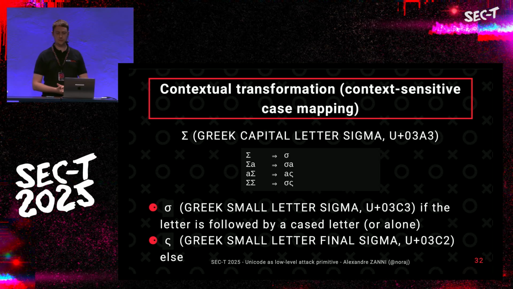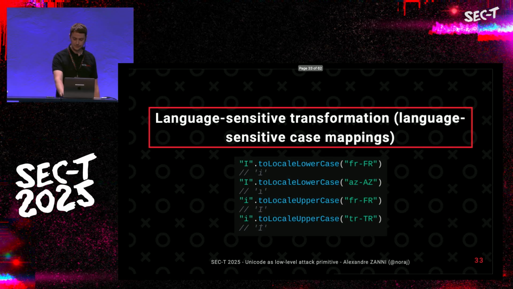And for the contextual transformation, it's not very interesting, but you can see it's mainly with Greek characters. Depending on what you place before or after, it will get a different output.